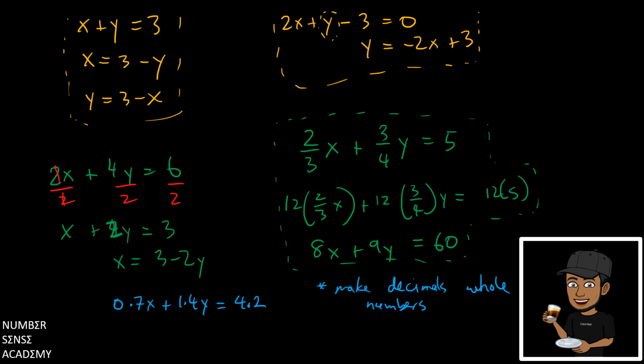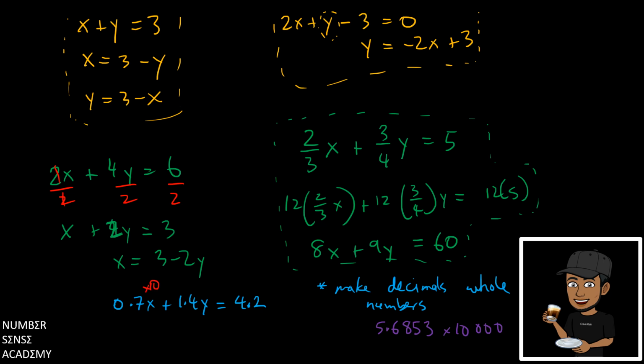If I have a number, say 5.6853, and that's the number with the most decimal places in the equation, this requires multiplying by 10,000 to make it a whole number. Everything else has to be multiplied by 10,000, right? So continuing this frame, I noticed that 0.7, 1.4, and 4.2 all have one decimal place.